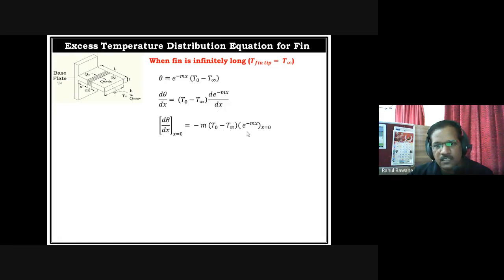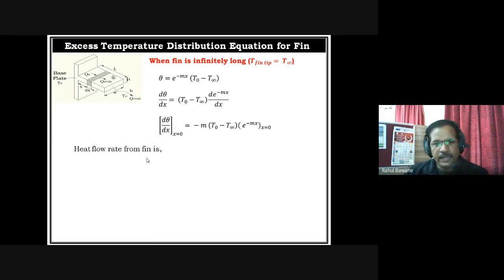So after differentiation, minus m comes here and we get e raised to the power minus mx as it is, at x equals 0. So it will be minus m T0 minus T infinity e raised to the power minus mx, where x is 0. This is d theta by dx at x equals 0.